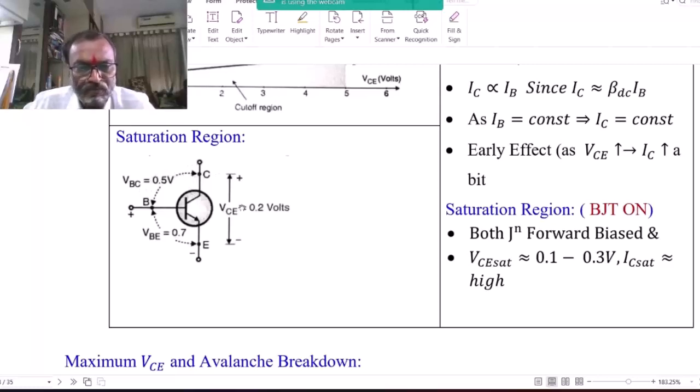Therefore VCE will be 0.7 minus 0.5, around 0.2 volt, and therefore VCE is equal to VCE sat, in the range of 0.1 to 0.3 volt, and IC equal to IC sat in saturation region. Since the voltage across the device is very small and current through the device is very large, it is analogous to an on switch, and therefore in saturation region BJT behaves as an on switch.